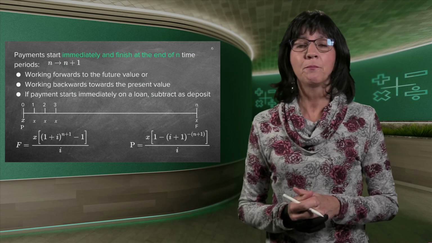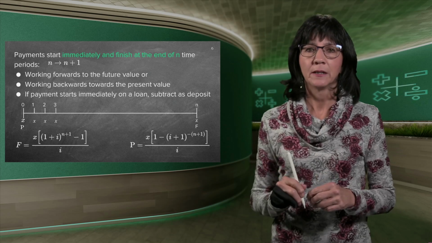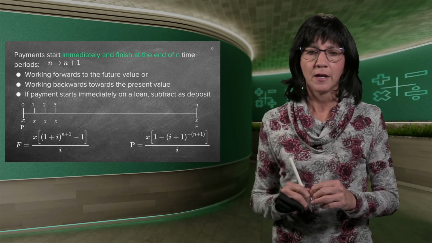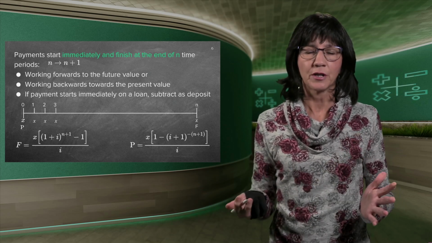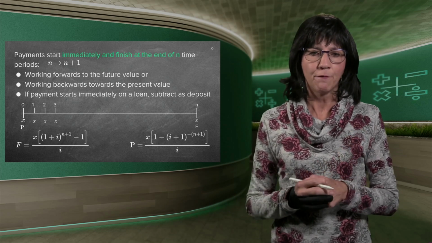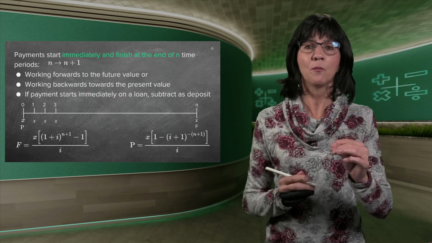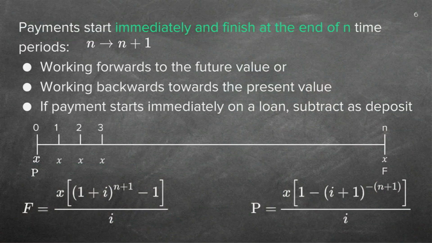Now, if the payment starts immediately, and this happens lots of times, there are two different scenarios. Firstly, let's look at the F formula. The F formula is for future value. Now, because I start paying immediately, as I say, this is not a normal thing that happens, and I end at the normal, the very last month, at the end of the very last month.